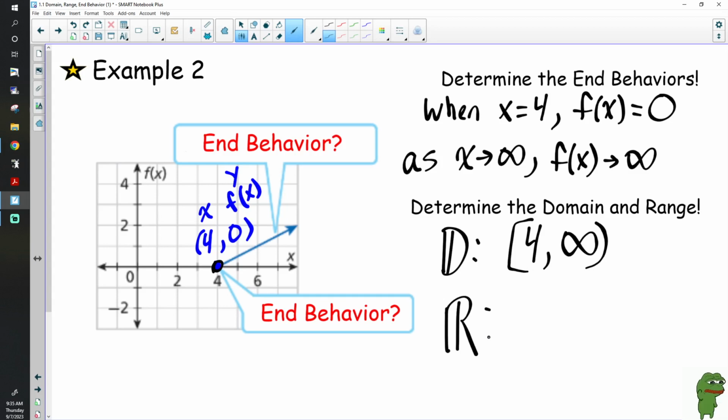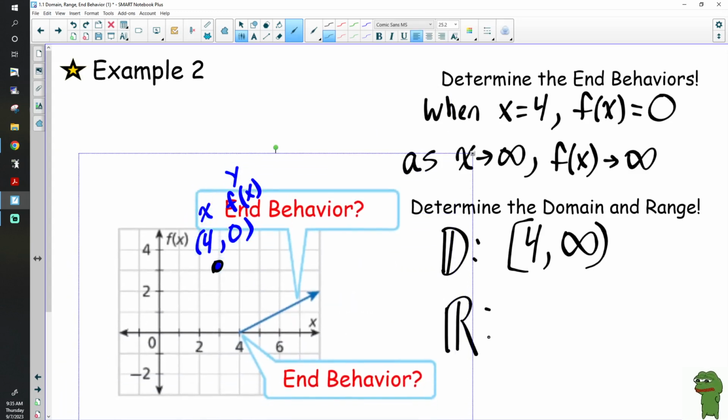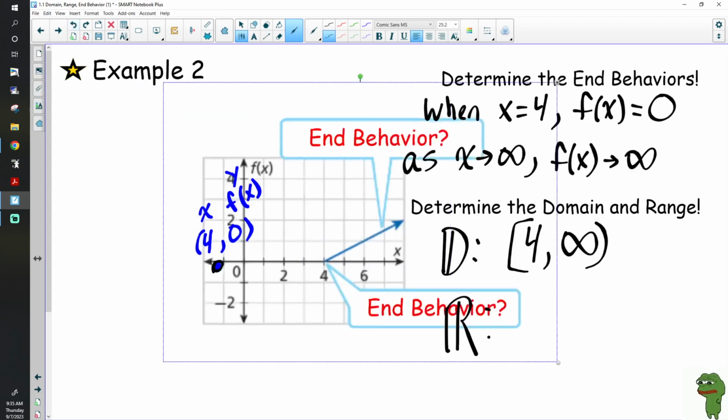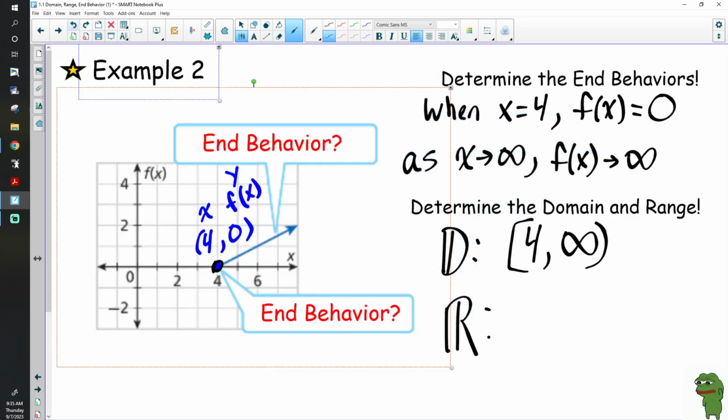What is the lowest it goes? What is the y value, the f of x value? Oh, 0. See it right here? What's the lowest it goes? 0. 0 is the lowest it goes. It never goes below 0, does it?